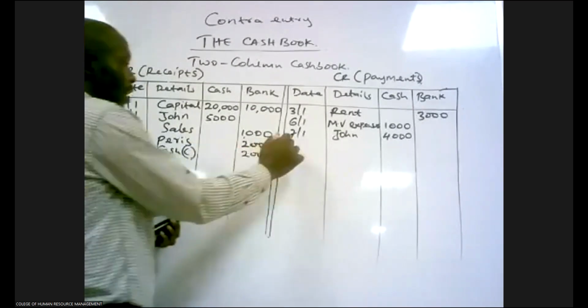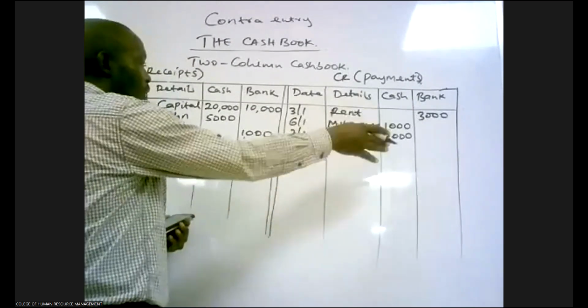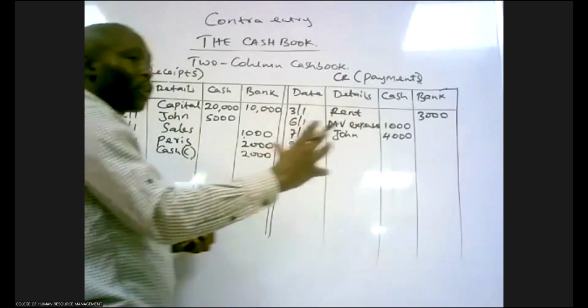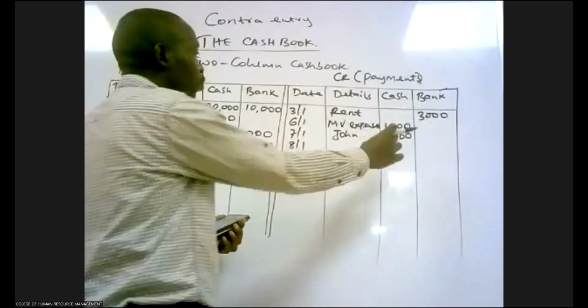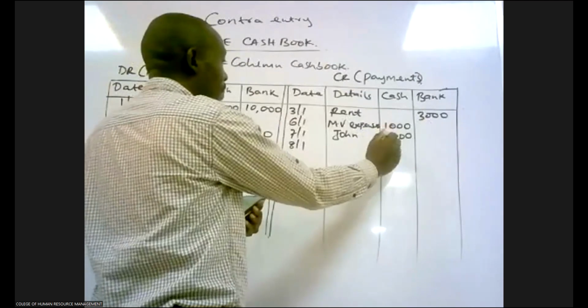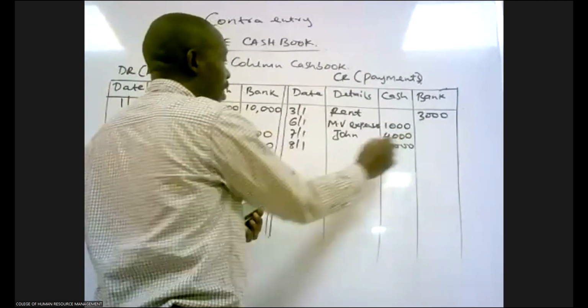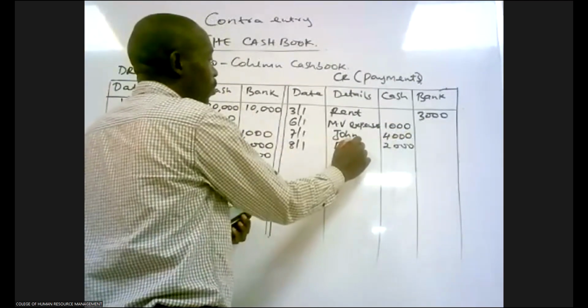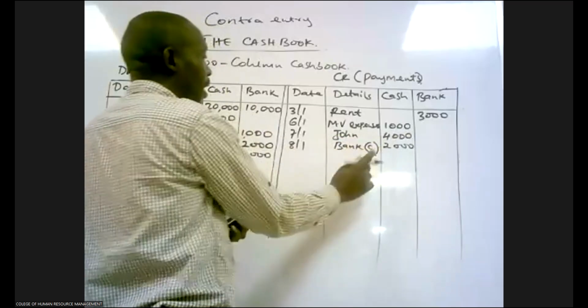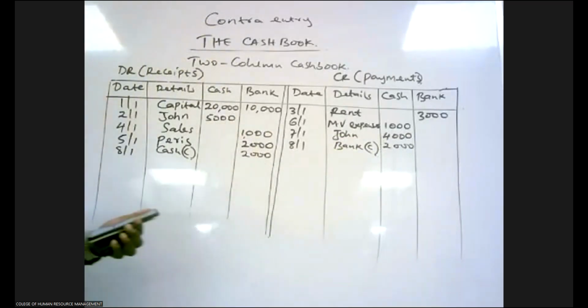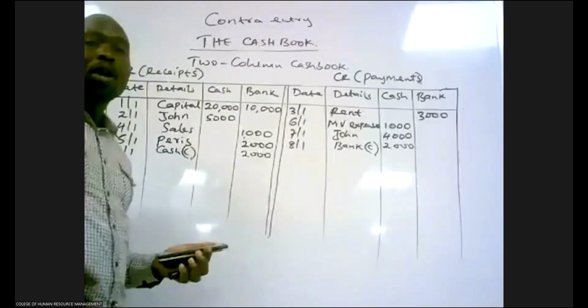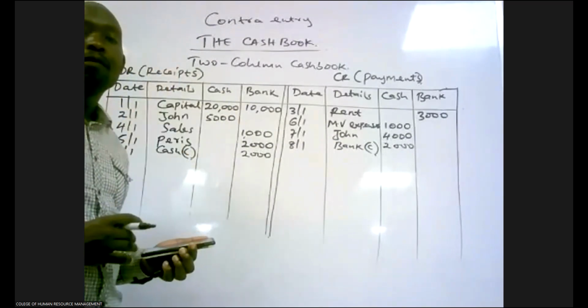The same date, 8/1, you record it on the other side. It was cash taken to bank. So cash is reducing by 2,000, and that money is going to go to the bank. That is how we record a contra entry when it is deposited to the bank from cash.